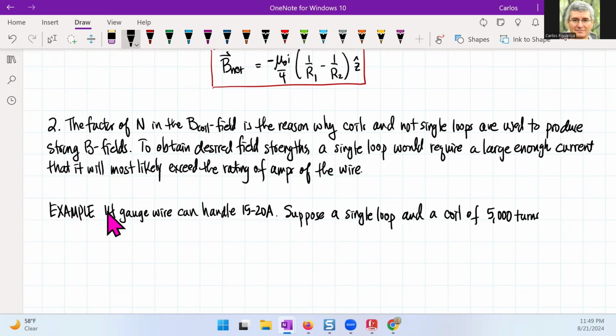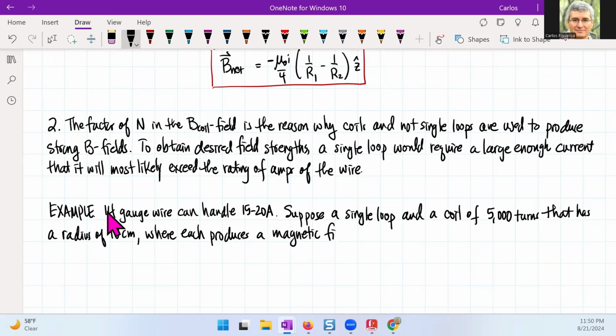So we have a coil of 5,000 turns that has a radius of 10 centimeters, where each loop produces a magnetic field of strength 0.5 Tesla. That's a strong magnetic field.